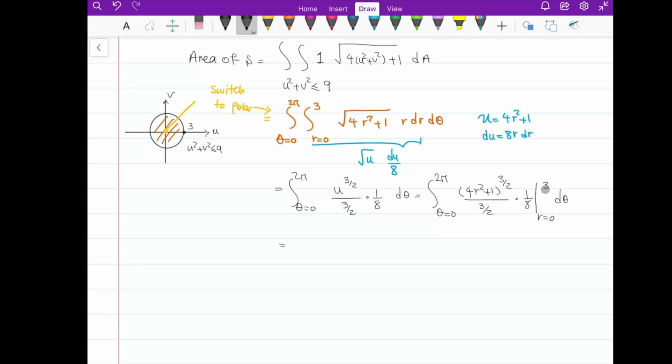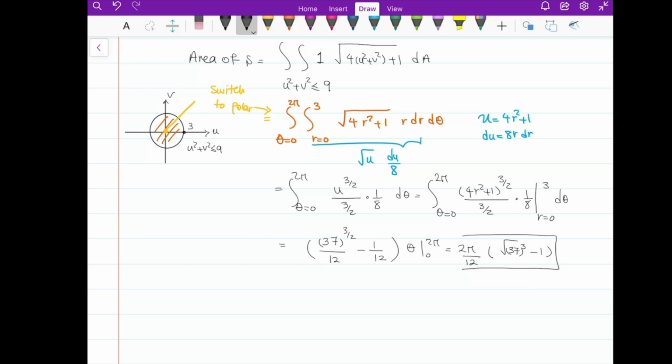So plug in r equal to 3 in here, so I get 36 plus 1, which is 37, to the power of 3/2, and then I have 12 in here, and then plug in 0, I get 1, so minus 1/12, and then theta from 0 to 2 pi, the answer would be 2 pi divided by 12 times the square root of 37 cubed minus 1.